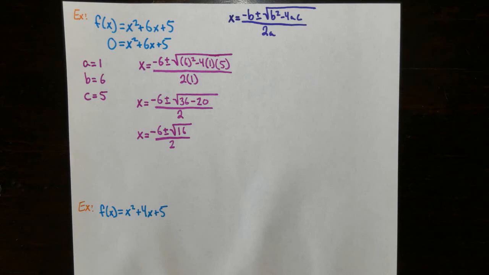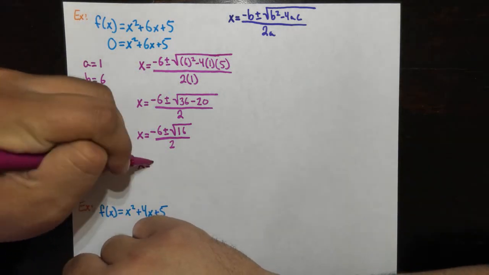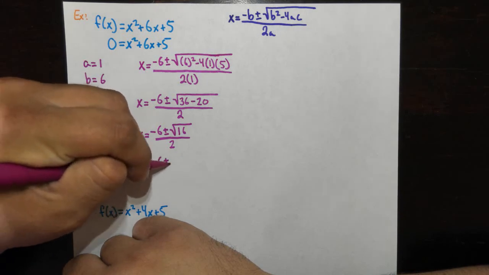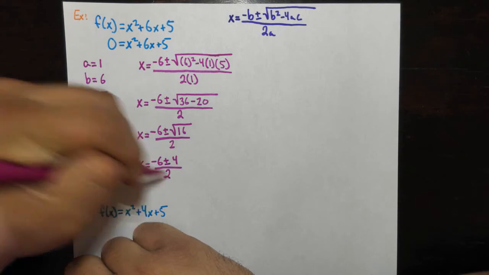But because 16 is a perfect square, we will continue. And in fact, on all of these that we'll be doing today, they will all be perfect squares. So we will be continuing on all of these today. So let's rewrite it. X equals -6 plus or minus, and the square root of 16 is 4, divided by 2.